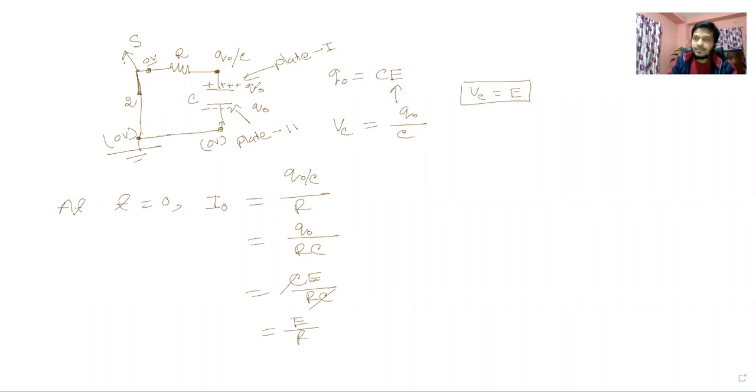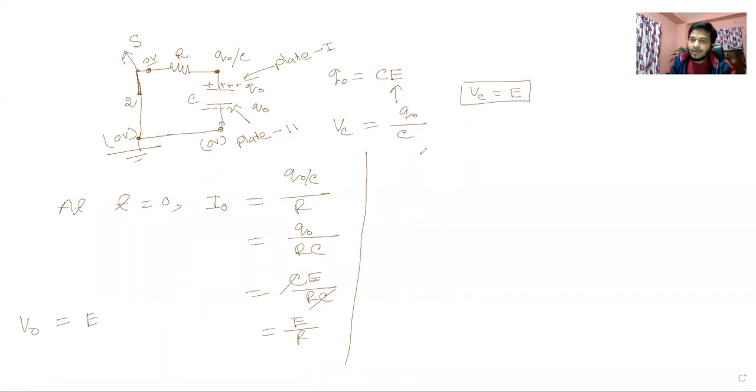So I naught is the initial current, the current at time t equals 0. The voltage across the capacitor is V naught, and it equals E.